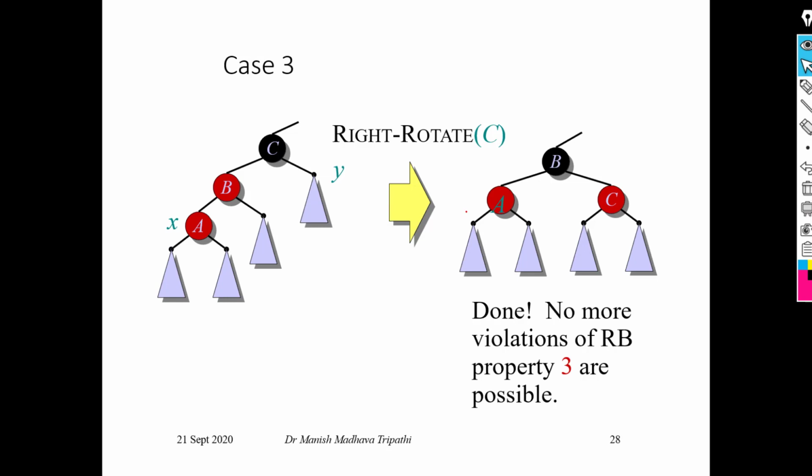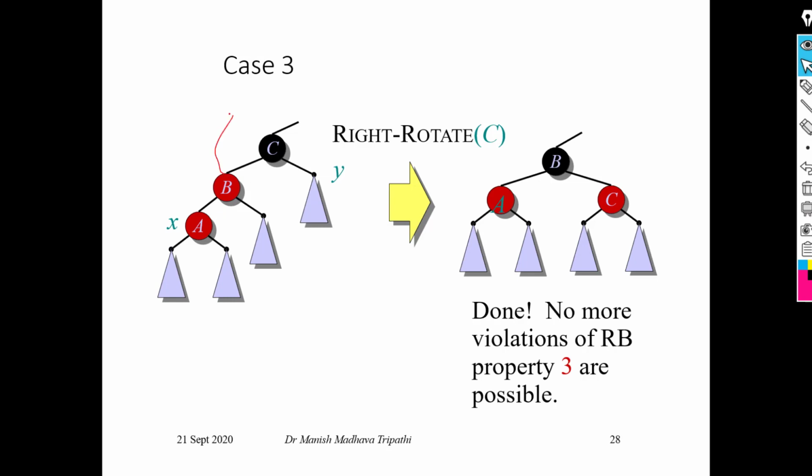In case number 3, because case number 3 says that X is the left child of its parent, therefore it is case number 3. In this case, X and its parent are both red and they are on one side of the tree. So first of all, we rotate the tree with respect to X's grandparent.